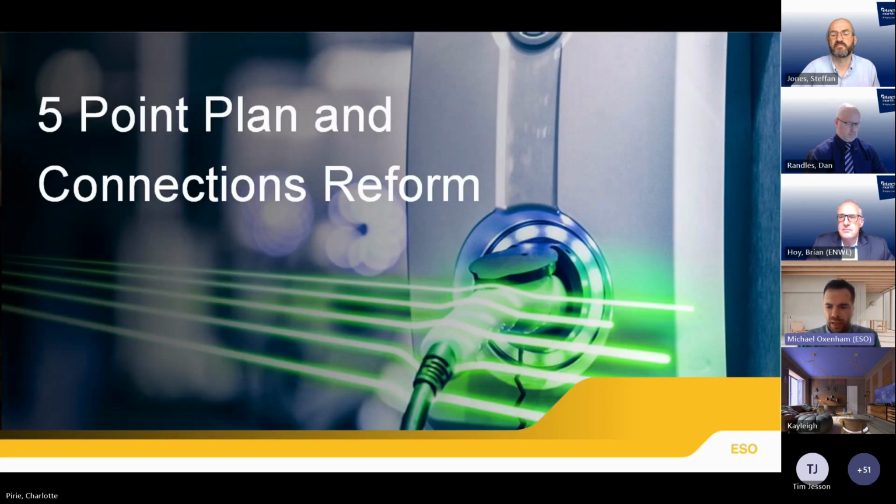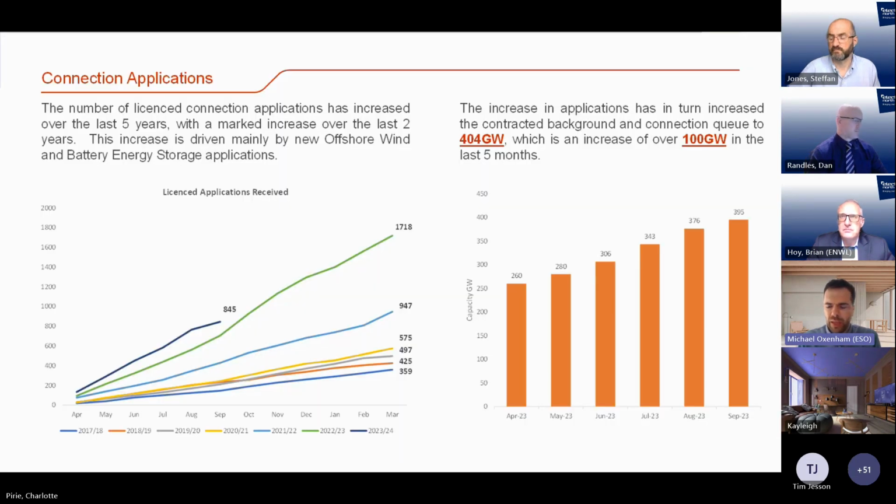Before I go on to the aspects of the 5-point plan, it might be worth providing a little bit of context. Many of you will have seen this slide before, maybe an older version of it, with the volume of connections applications we're seeing at the moment and historically in relation to requests for access to the transmission system.